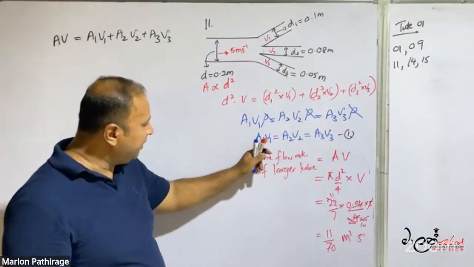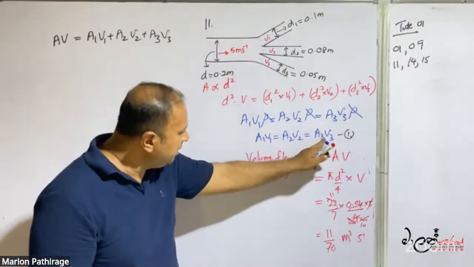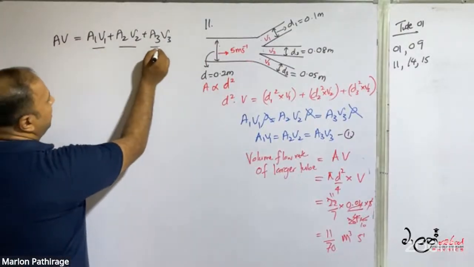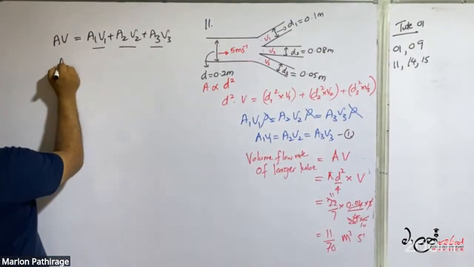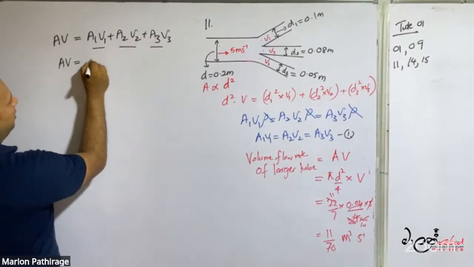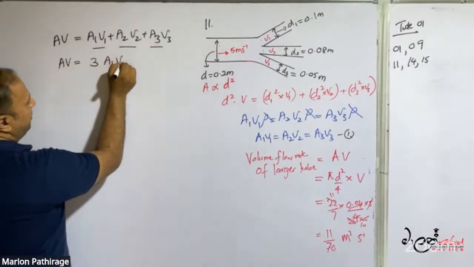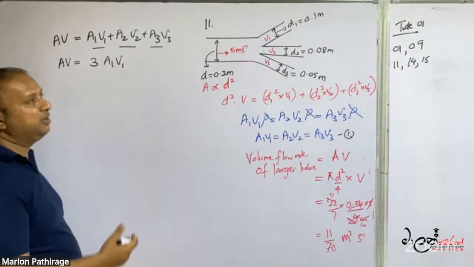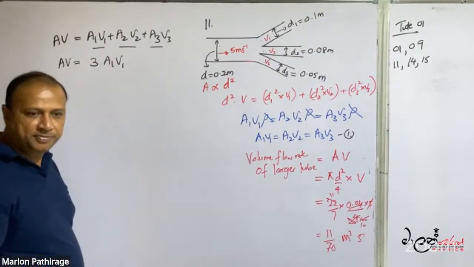A1 V1 equals A2 V2 equals A3 V3. As these three are equal, AV should be equal to 3 times A1 V1, or 3 times A2 V2, or 3 times A3 V3. I can write this.